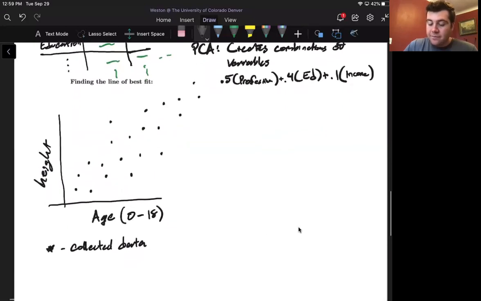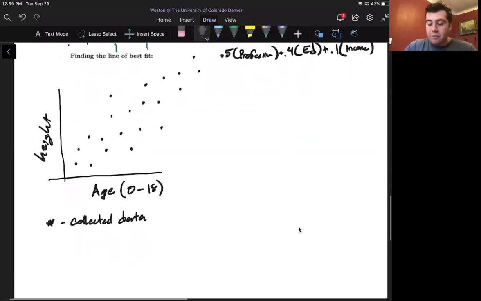All right. And so what we're interested in doing for this class is actually finding the line of best fit. So suppose you're given a data set, we could plot it in this sort of scatter plot. And for this example, I decided to do height compared to age, age from 0 to 18, and height on the y-axis.